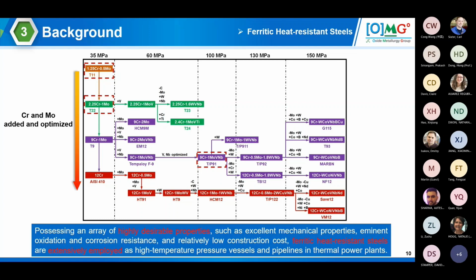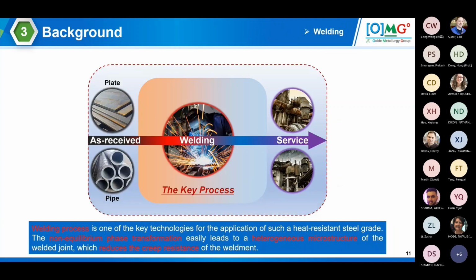And due to their good mechanical properties, oxidation resistance, and corrosion resistance, that's essentially the entire historical perspective of these chrome moly steels here. They are used very heavily for pressure vessels and pipelines for the thermal power plants.